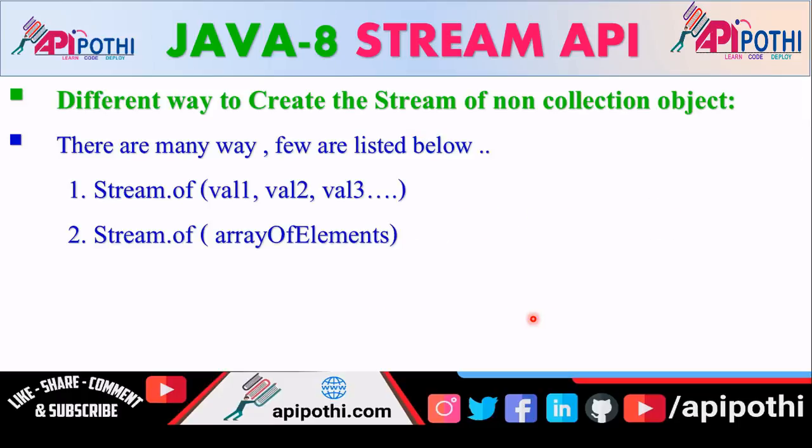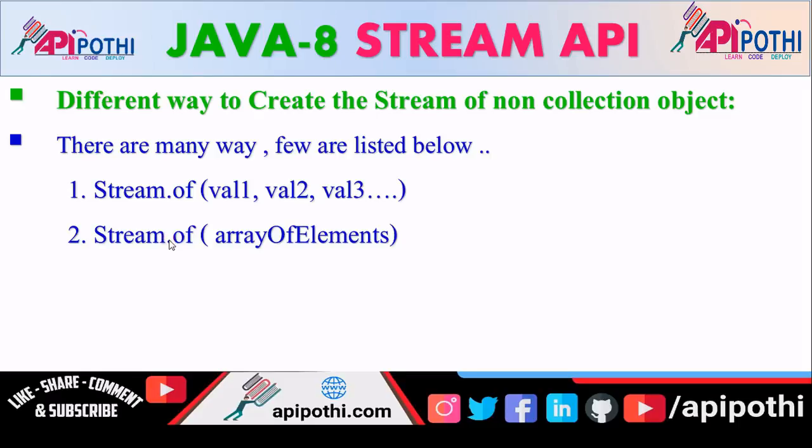There are many ways, but we have the factory method of. For example, Stream.of(1, 2, 3, 4, 5, 6), or you can create an array and pass it. Those are two possibilities, and many others exist, but these are the most familiar.